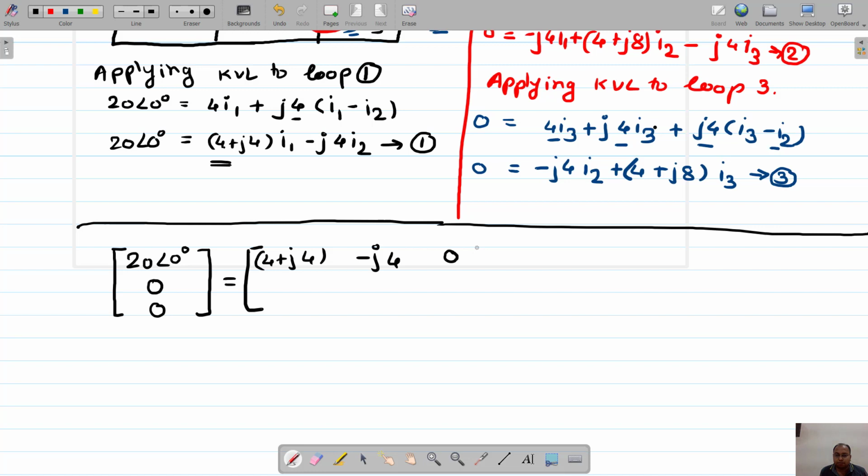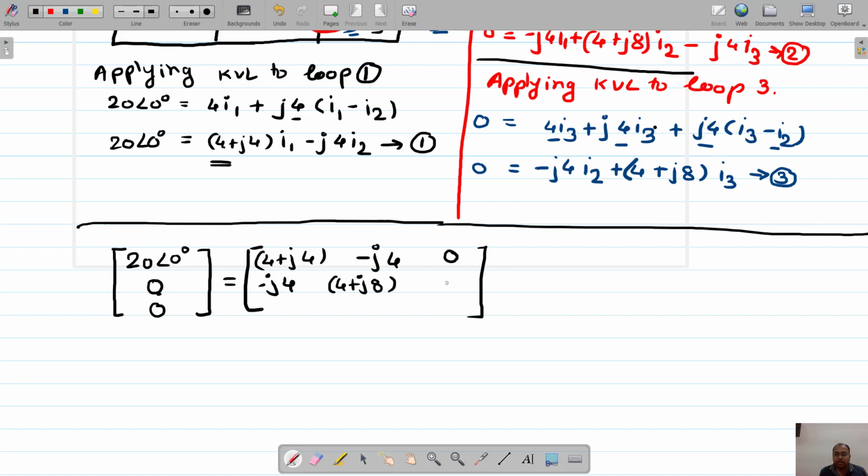Now let us concentrate on the second equation. 0 we have already written. The I1 term is minus J4. What is the I2 term? It is 4 plus J8. Am I right?